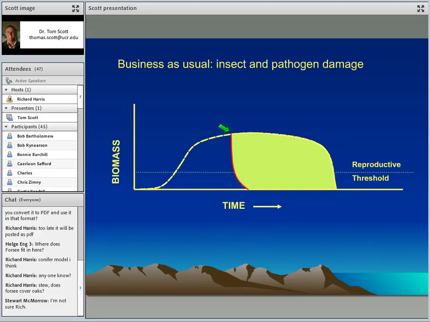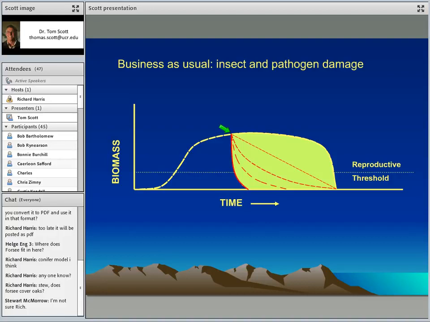The problem is that when you get to this point in the tree's sequestering of carbon, it has about asymptoted in terms of how much carbon it has locked up from the environment. It can be really difficult to figure out how long that carbon is going to persist as dead trees in the environment. So which of these lines do we use to calculate the area above, for the amount of carbon we're going to hold for a period of time if we make some kind of intervention, which basically means that this tree doesn't die?